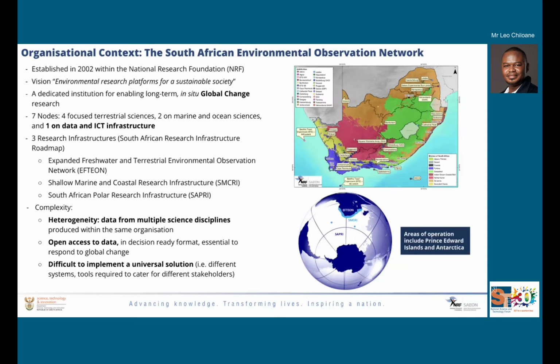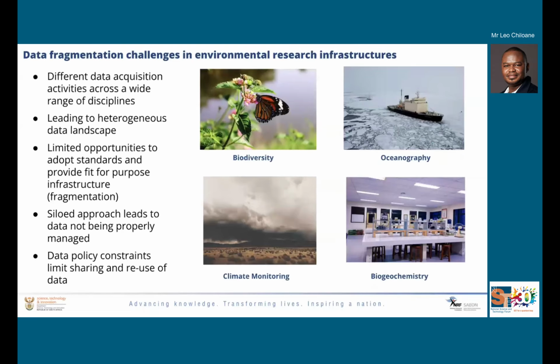So the development of decision support tools is also essential to respond to global change. And with this complexity, it is very difficult to implement a universal solution for data management. So what we find is that different tools and systems are often required to cater for different stakeholders.